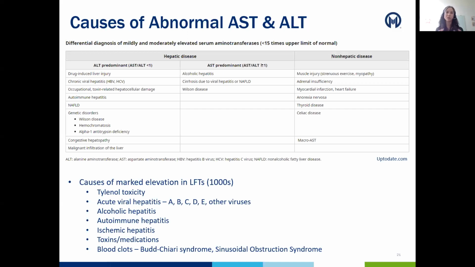Say a person is critically ill and they have very low blood pressure from infection or issues with their heart, and they have a lack of blood flow to the liver for a period of time. It can cause what we call ischemic injury. And then many other toxins and medications, including, of course, chemo and immunotherapy, we can very commonly see all severity levels of elevations in the enzymes.